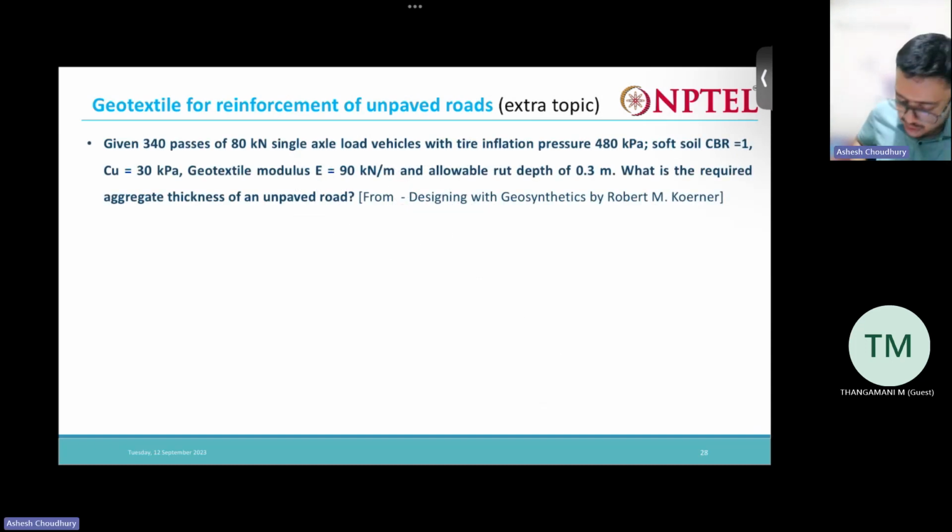So given 340 passes of 80 kilonewton single axle load vehicles with tire inflation pressure of 480 kPa, soft soil CBR is equal to 1, CU is 30 kPa, geotextile modulus is given, rut depth is given 0.3 meter. What is the required aggregate thickness of unpaved road? Okay, that means H naught we need to determine first.